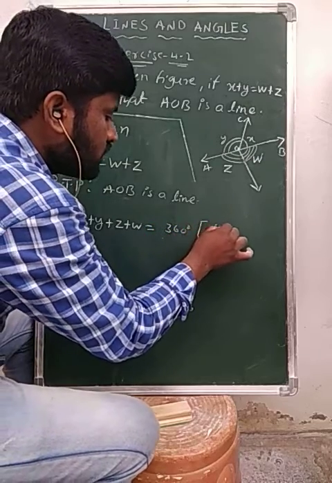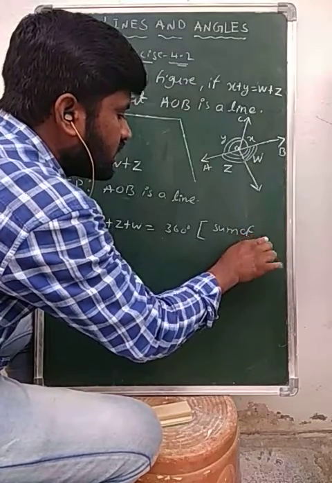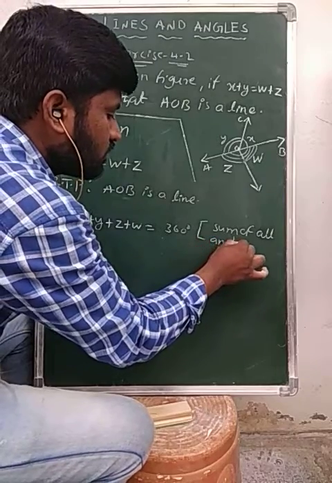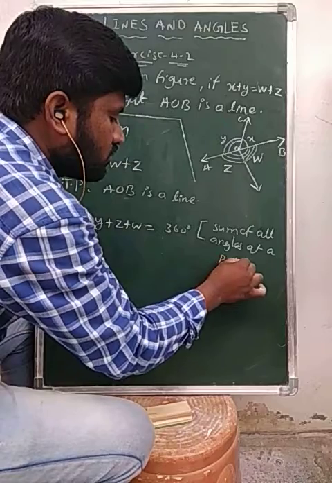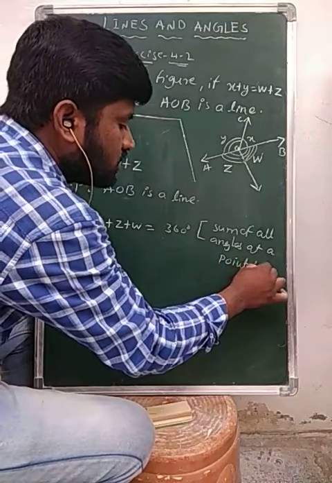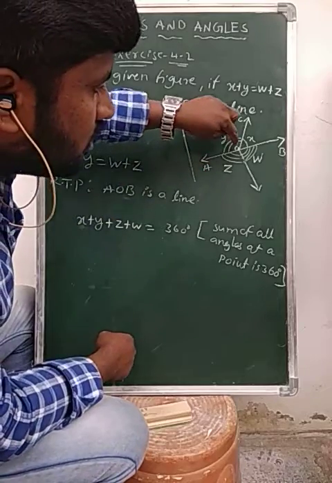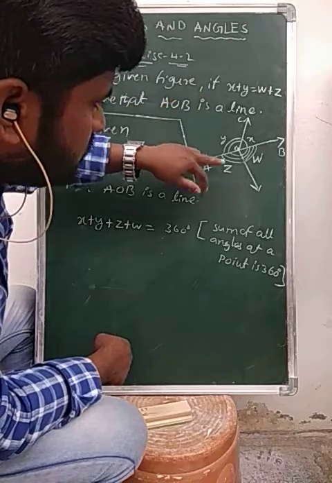We know that the sum of all angles at a point is 360 degrees. Is it clear? The sum of all angles at a point is nothing but x degrees plus y degrees plus z degrees plus w degrees.